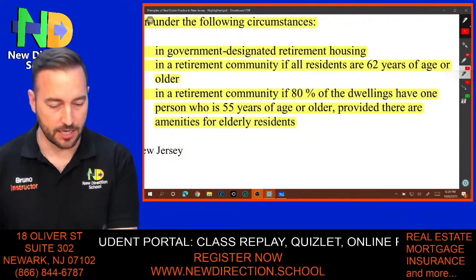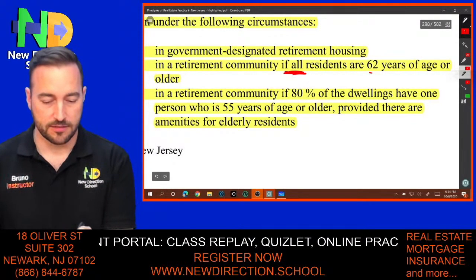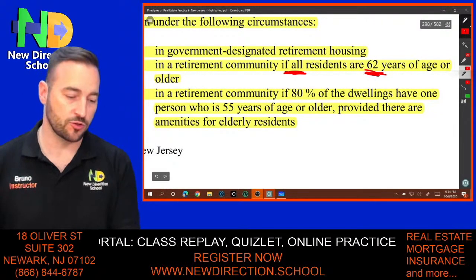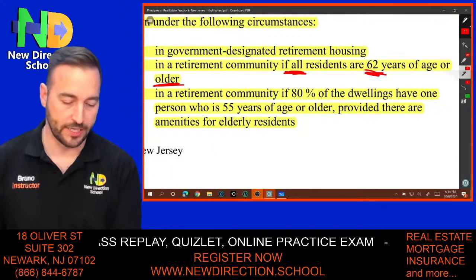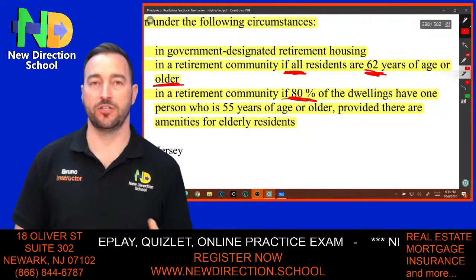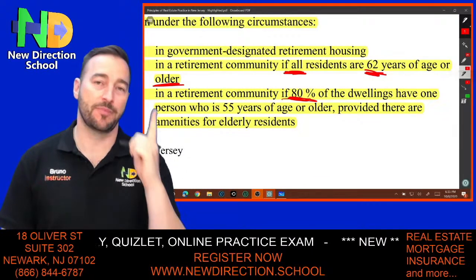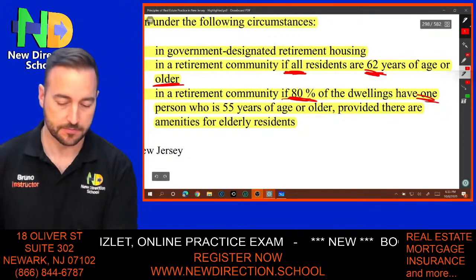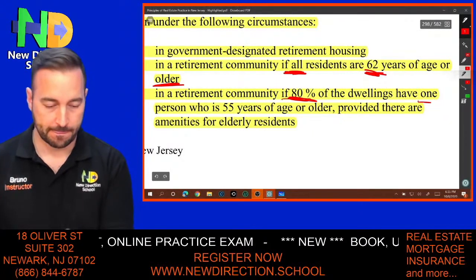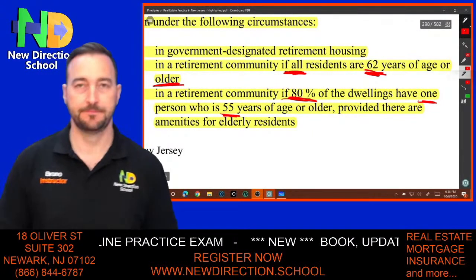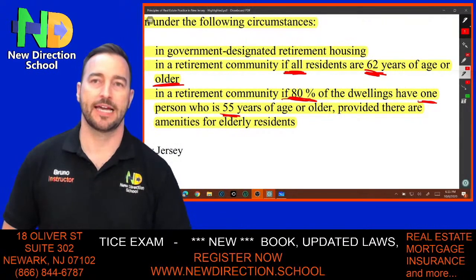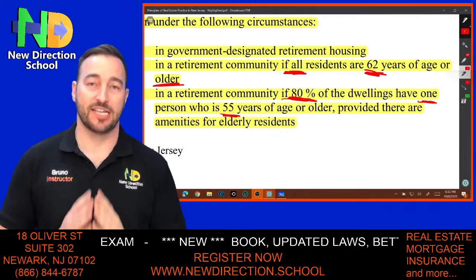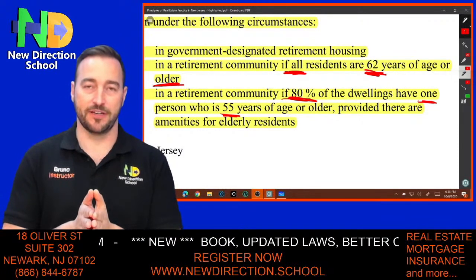Well, here, all residents must be 62 years of age or older. In this one, only 80% of the units must be occupied by at least one person that is 55 years of age or older. Okay?